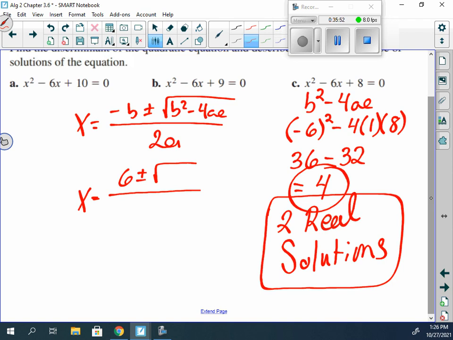What is the value of b squared minus 4ac? 4. We already found it. And a is 1, so 2 times 1 is 2. So for these problems, since you already found b squared minus 4ac, you might as well just plug it in. You don't have to go back and re-find it.